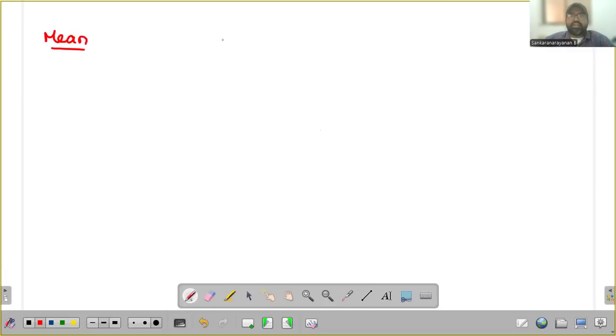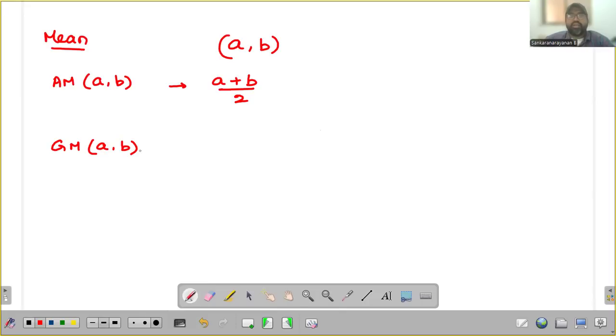Mean. Let us consider two numbers, say a comma b. The arithmetic mean associated with these two numbers a and b is calculated as (a plus b) upon 2. The geometric mean of two numbers a comma b is nothing but the square root of ab.